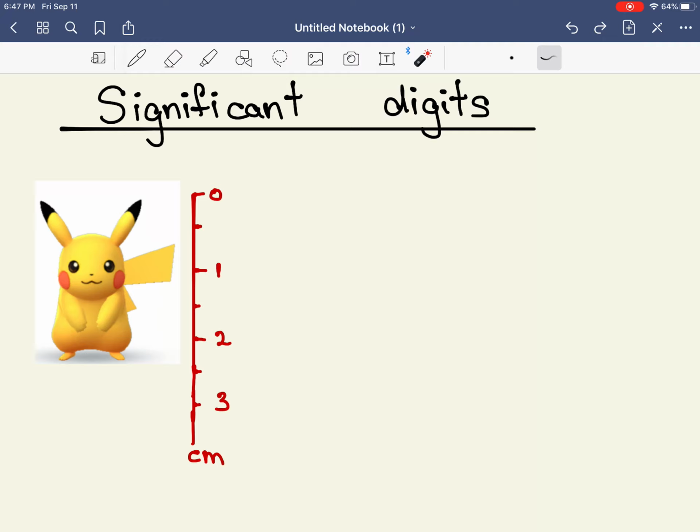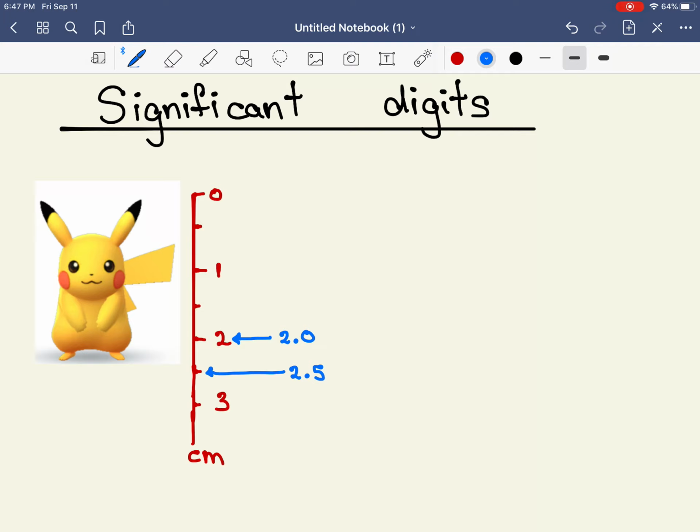So, if you were to measure Pikachu, what's your result going to be? Well, what's certain is that Pikachu is going to be between 2.0 and 2.5, and we're looking at centimeters here.